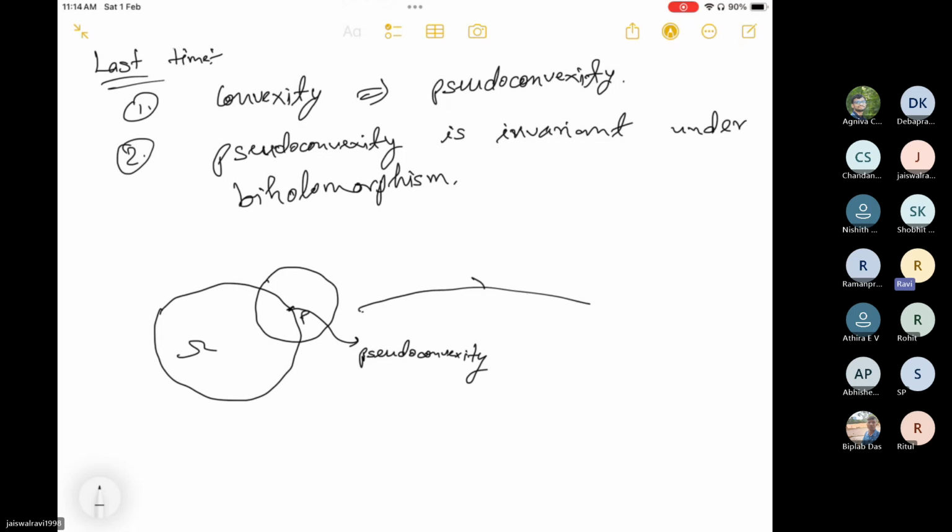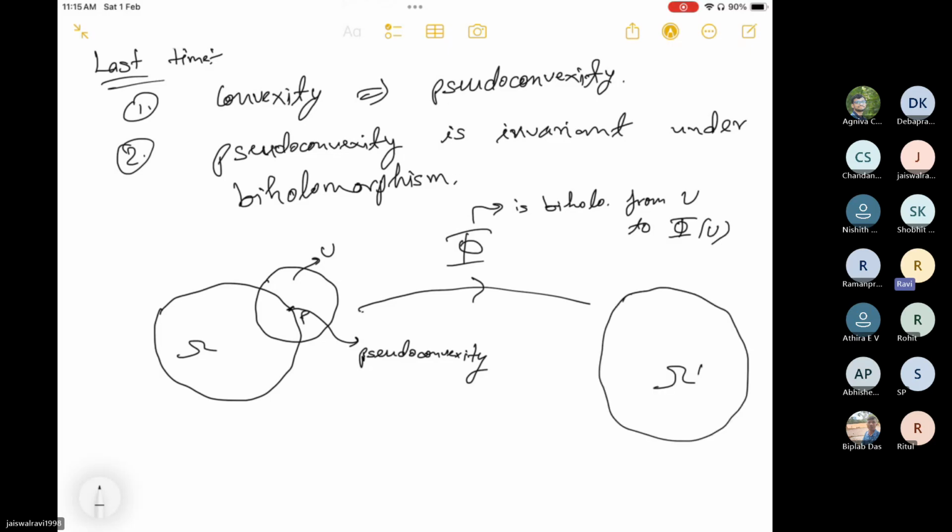And assume there is a biholomorphism phi from U to phi(U). It will map to some domain omega prime, and say this is point Q, with phi(P) equal to Q. If P is a point of pseudoconvexity, can we say this point Q is a point of convexity, meaning real convexity?